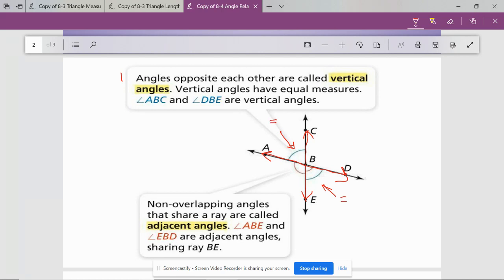So non-overlapping angles that share a ray, a ray is one of these lines right here, are called adjacent angles. So ABE is an adjacent angle to EBD.